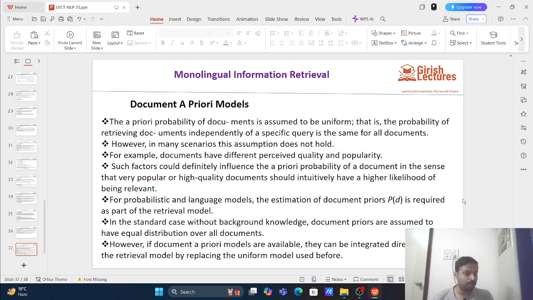All these probabilistic language models, all the probability prior models we are going to consider, will also make your retrieval models efficient. Suppose you do not have any good background knowledge, the prior models, which identify the uniform results of some particular documents, will also provide a very good result to retrieve your information. Okay, so thank you.